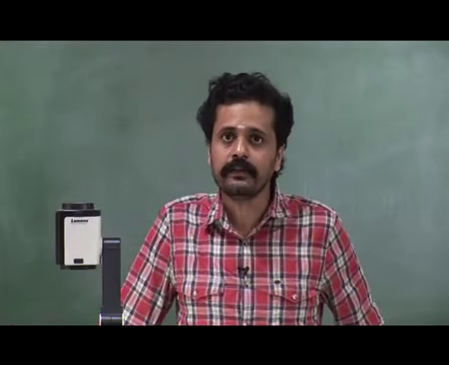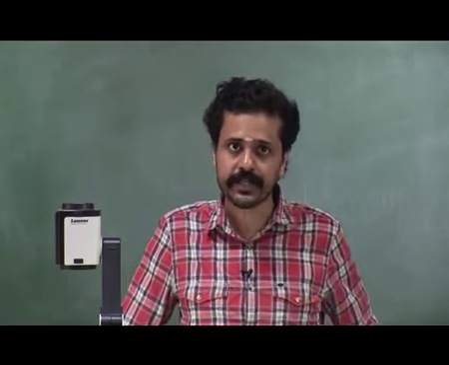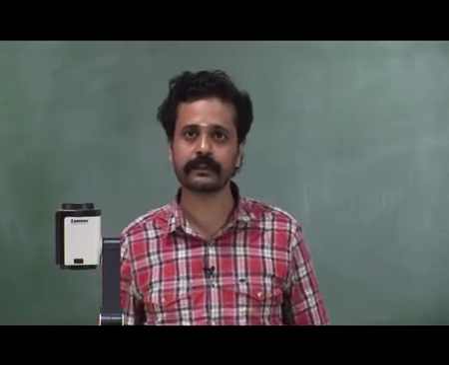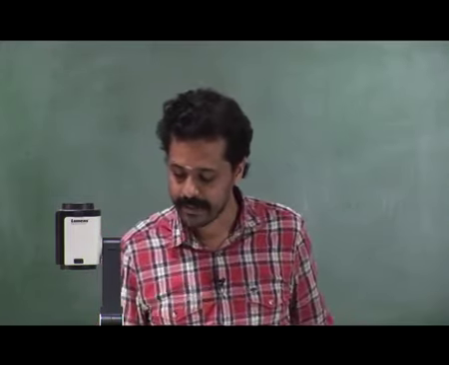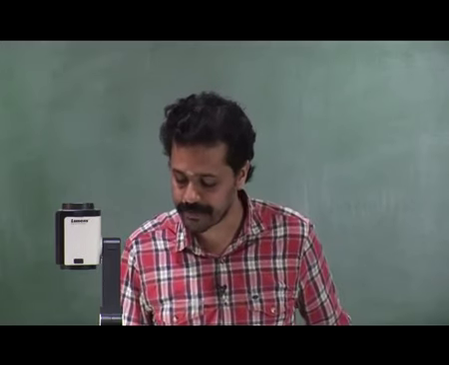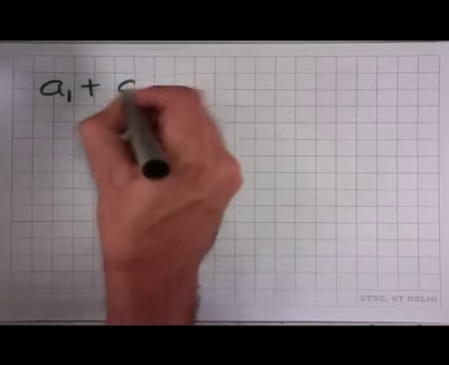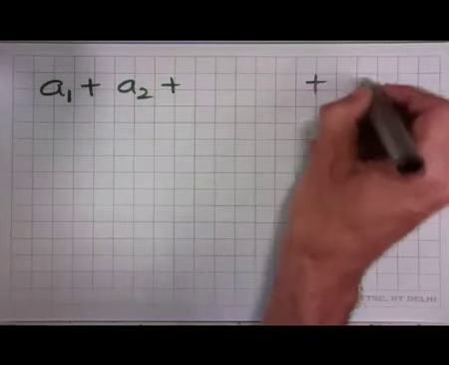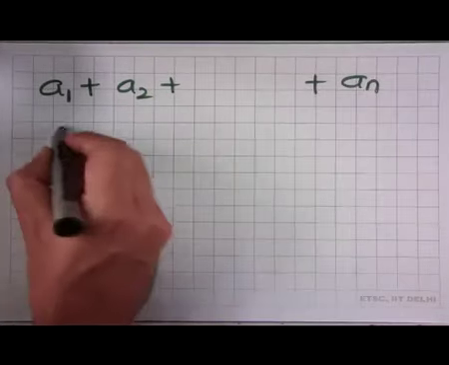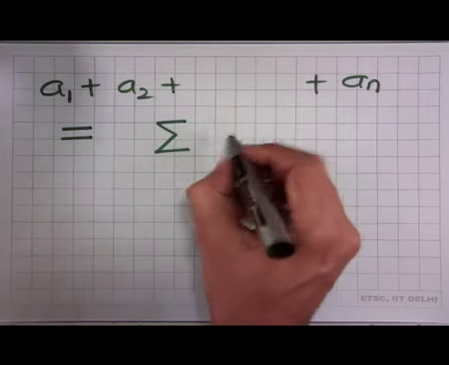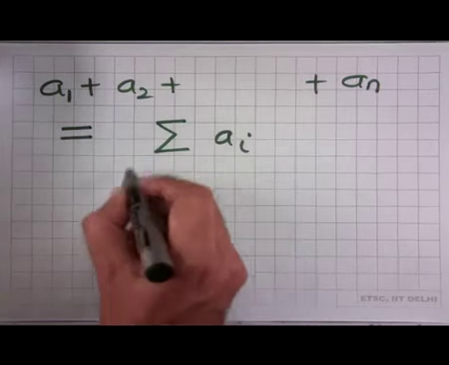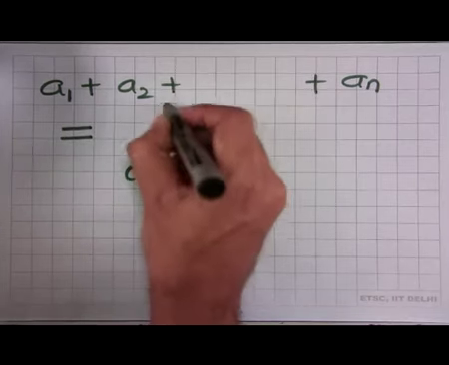Let us recall the notation we introduced for the sake of simplifying sums, namely the sigma notation. a1 plus a2 plus etc. plus an can be written using sigma notation, summation i equal to 1 to n.